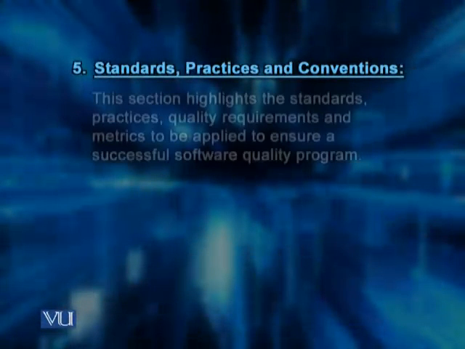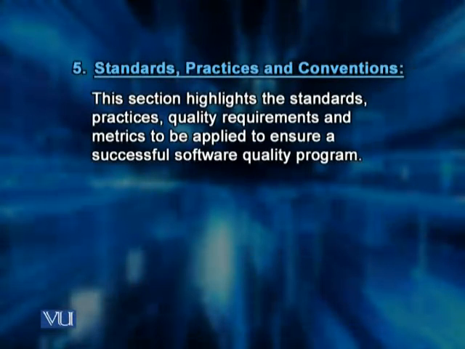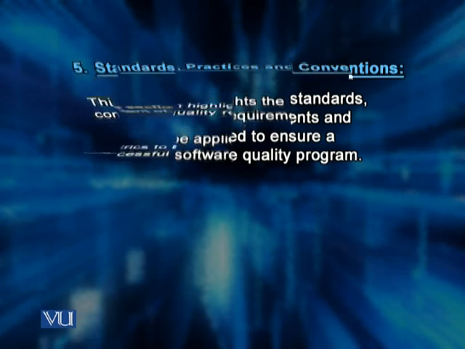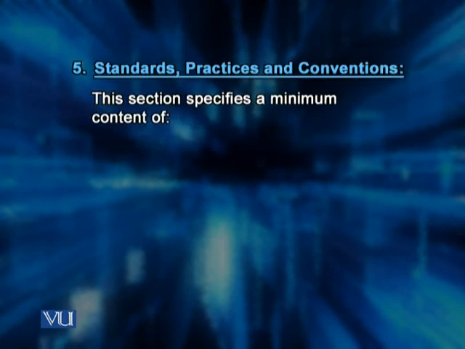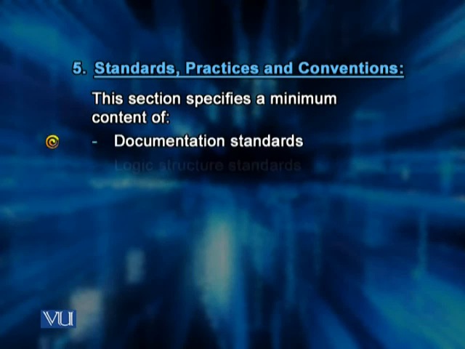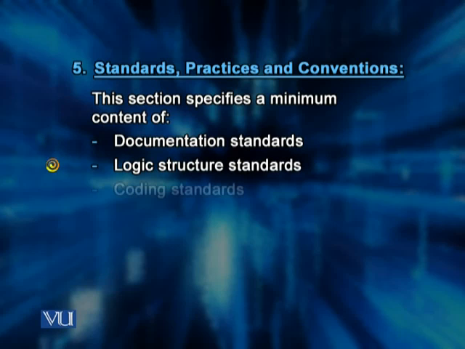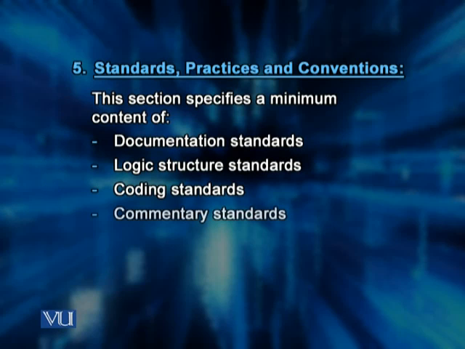Then the next section is the standards, practices, and conventions section. This section highlights the standards, practices, quality requirements, and metrics to be applied to ensure a successful software quality program. This section specifies a minimum content of documentation standards, of logic structure standards, of coding standards, and of commentary standards.